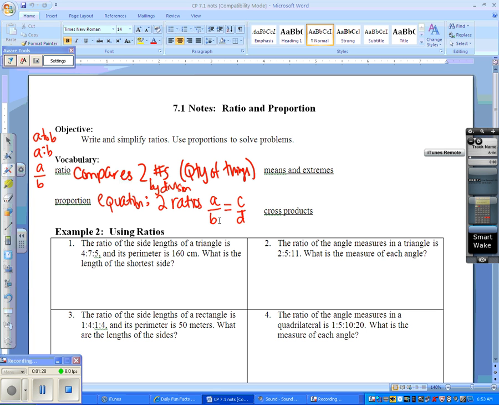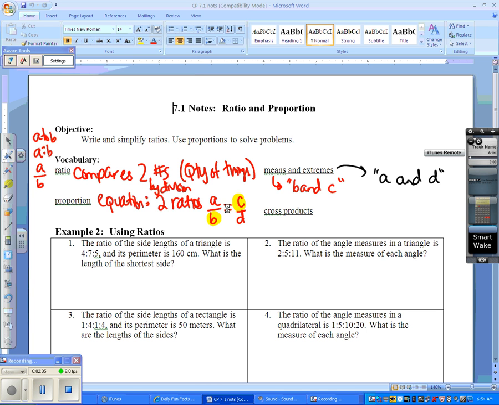Now, when you look at this proportion, there are two things called the means and extremes. When I say means, I'm talking about the B and the C. The extremes are the A and the D. The means and extremes are important because of the cross products, when you multiply the means together and the extremes together.